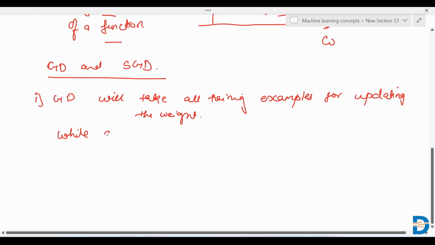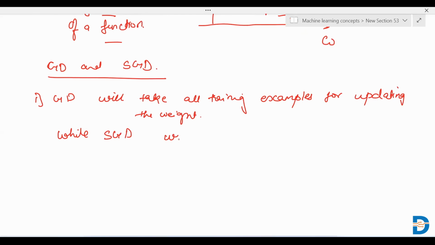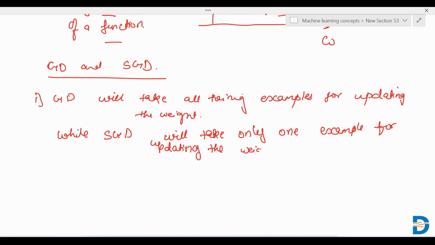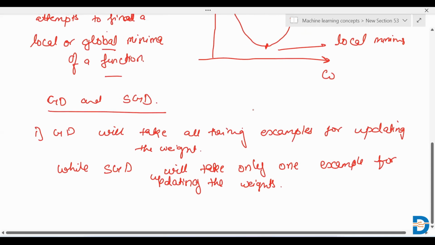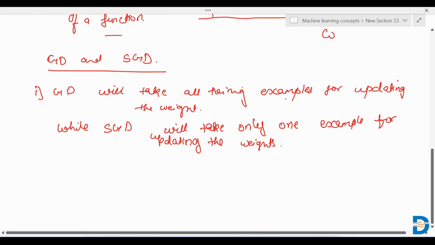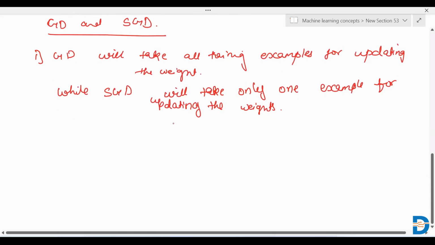While SGD will take only one example for updating the weights. So for finding a new weight, gradient descent takes all the training examples, while SGD takes only a single example. Let's see this with the help of an equation.